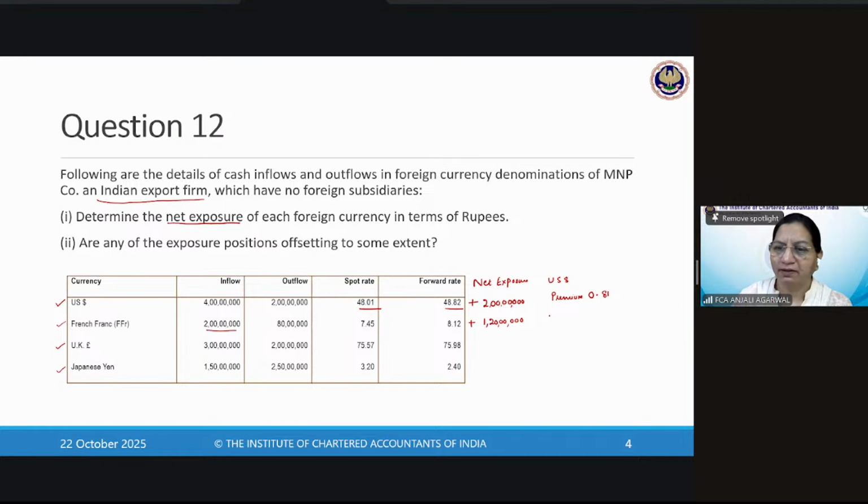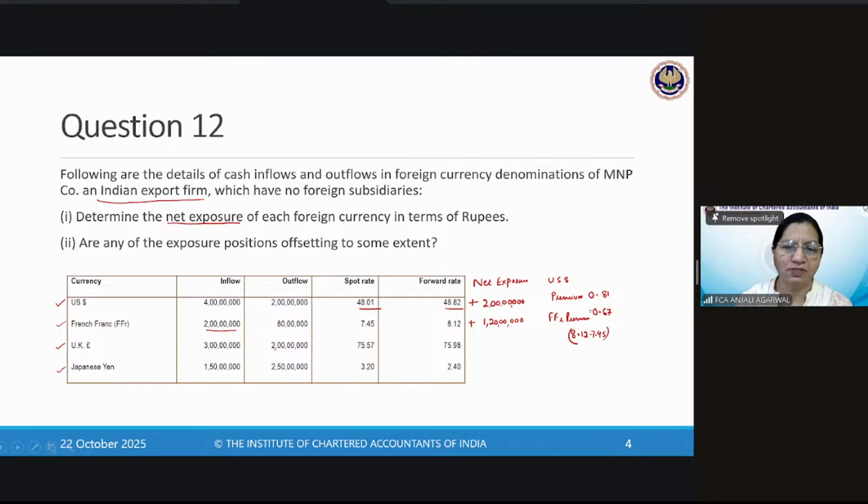So again, the French franc is also at premium. By how much? 8.12 minus 7.45. Here the pip points are 0.01. So it's up to 2 decimals, 0.67, right?